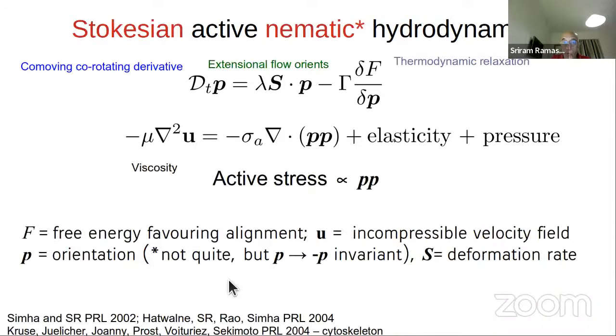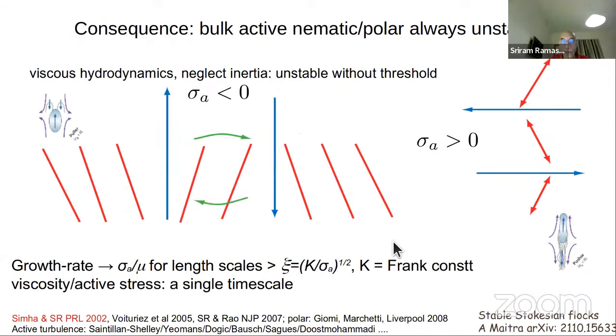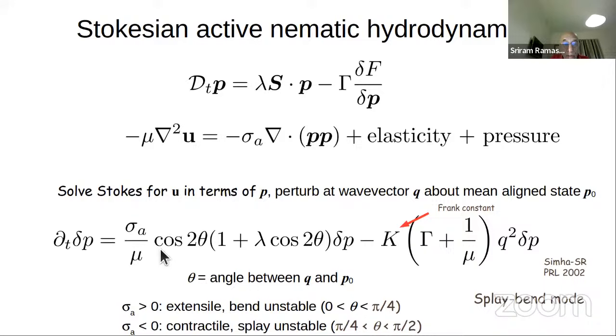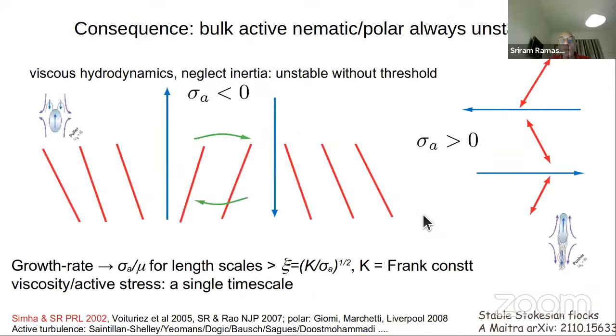Sigma A over K, or K over sigma A, has units of length squared. So K over sigma A square root is a length. And this term wins over this term if Q is small enough, or equivalently, if wavelengths are larger than this length. Okay, I hope that's clear.